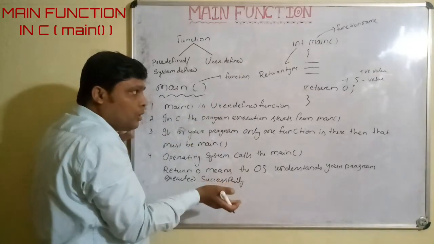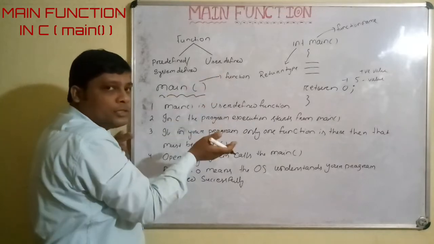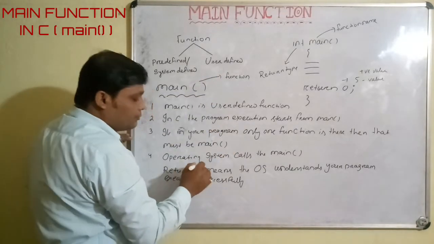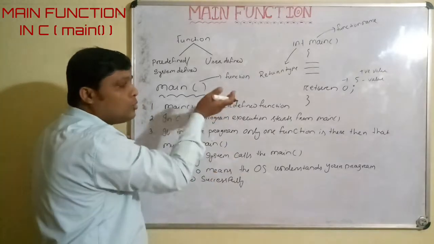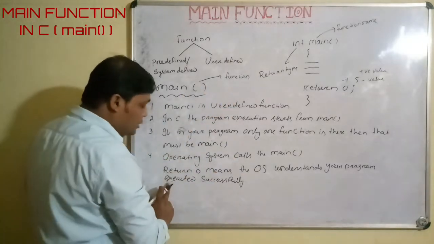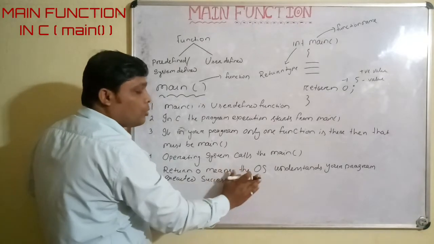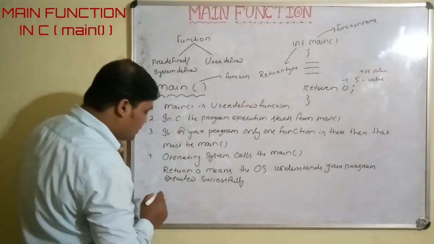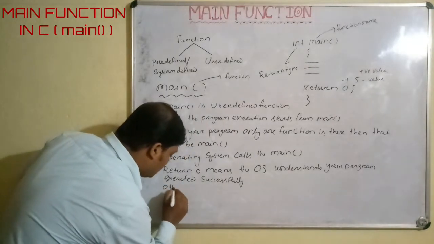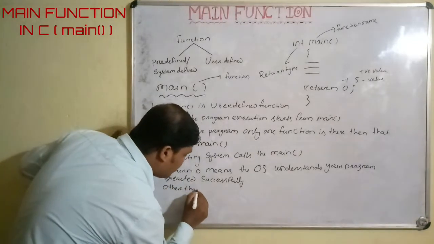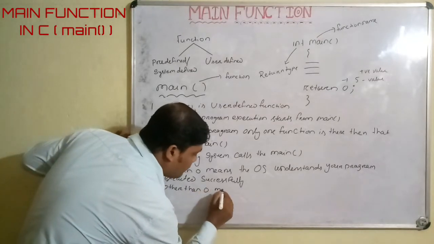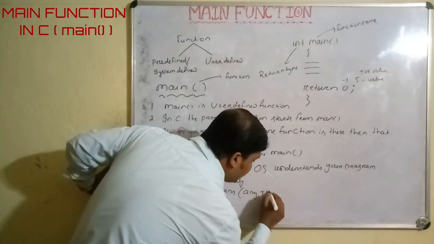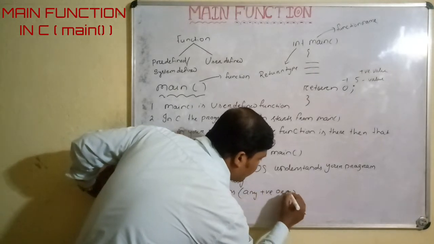So whatever the main function returns, that will return to the operating system. When 0 is returned to the operating system, it understands that your program executed successfully. If other than 0, means any positive or negative.